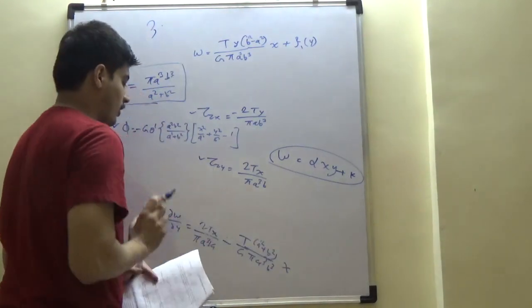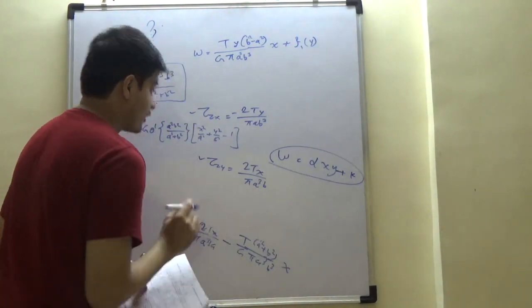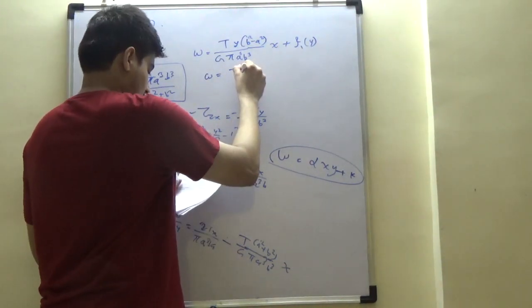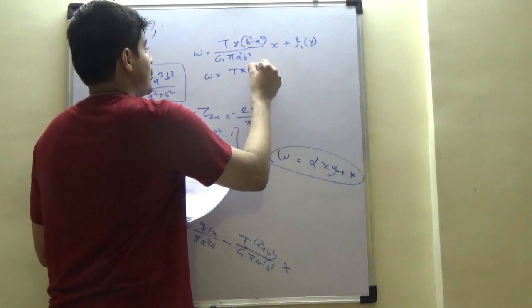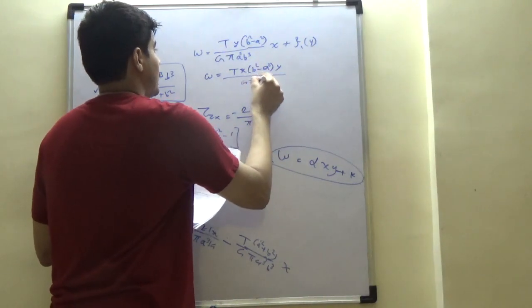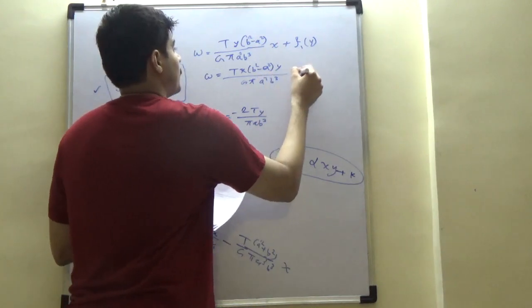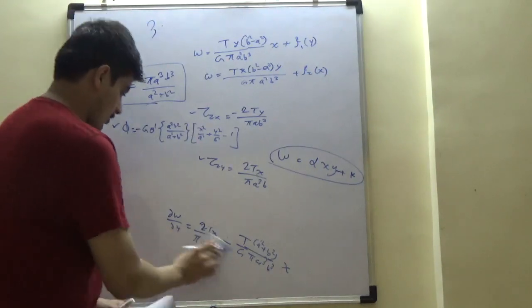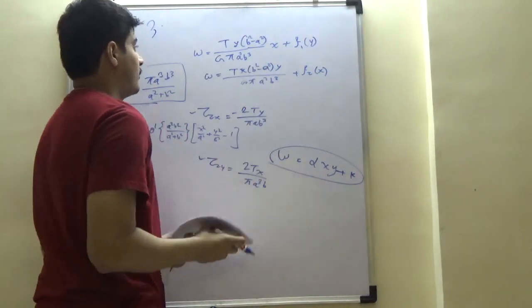Now we no longer need this equation. Here similarly, the second equation will give me T x b square minus a square y upon G pi a cube b cube plus f2 of x. So that this equation holds true, same thing has come out.